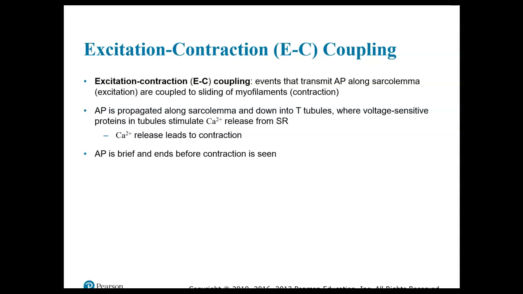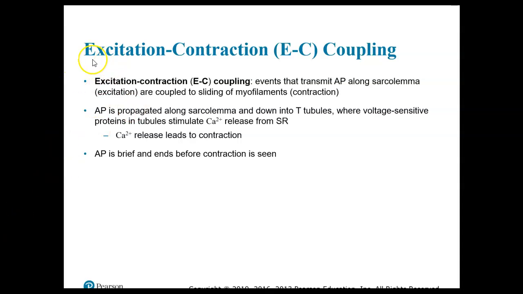And then we talked about the propagation of that action potential down the length of the muscle fiber, down the sarcolemma and into the T-tubules of the muscle fiber. So now we're going to talk about what happens when that action potential actually leads to a contraction in the muscle.